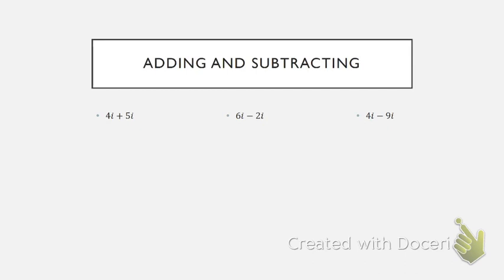Alright, so basically our properties of complex numbers are very similar to if it was an x. So if we're adding or subtracting, like the first example here, 4i plus 5i is just 9i. So it's very similar to our x values. 6i minus 2i is 4i, and 4i minus 9i is negative 5i.